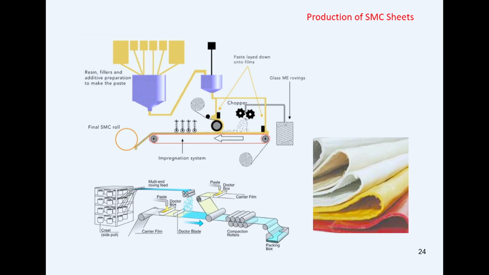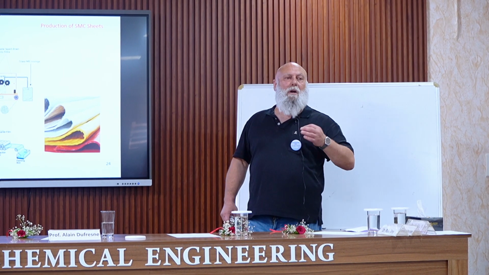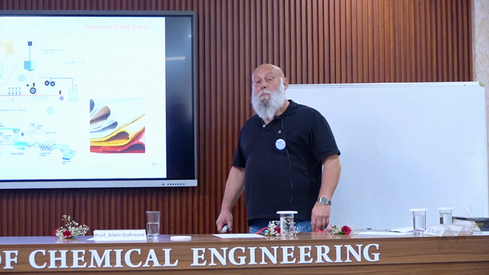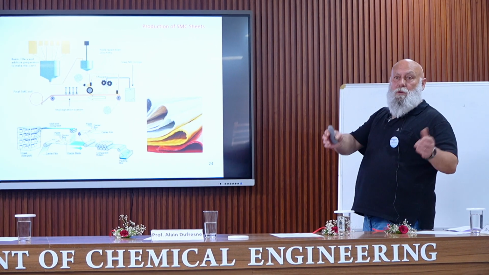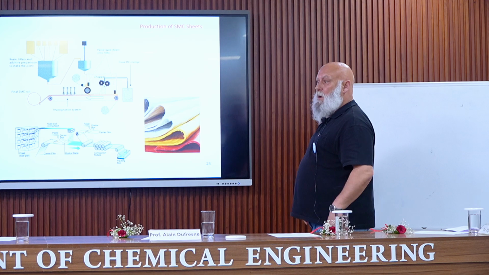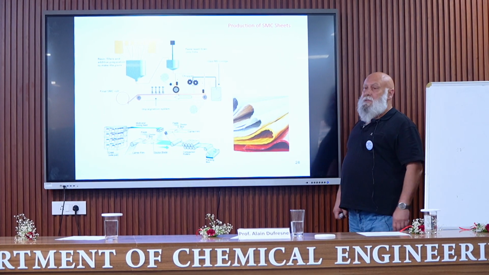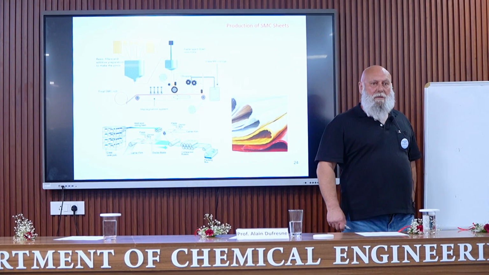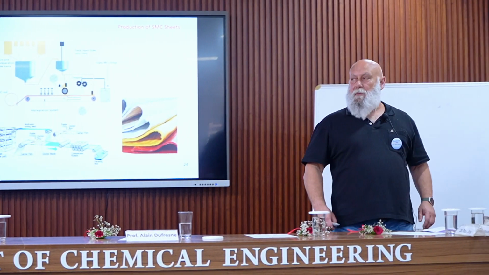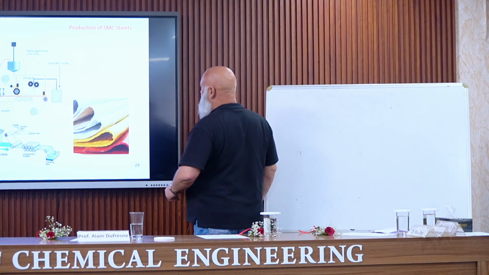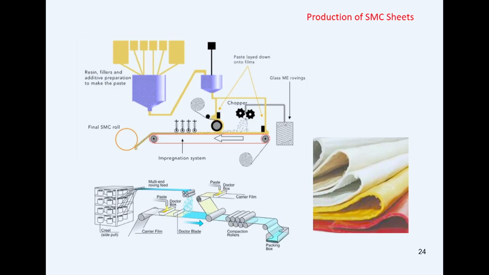Some specific processing techniques which are only used for composites, because the previous techniques can be used for thermoplastic or thermoset polymers. Production of SMC sheets. SMC is for sheet molding compound. In this case, you can see that fibers are used, glass fibers in the form of what is called a roving.